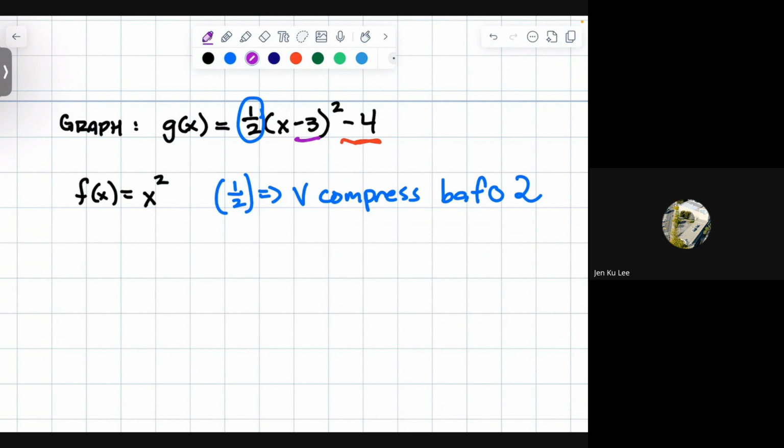Okay. I'm going to actually do the shifts all together. So the -3 means I'm going to move it to the left. Think opposite, to the right 3. And the -4, I'm going to move it down 4 units.